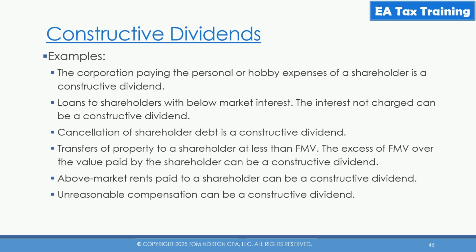Next, transfers of property to a shareholder at less than fair market value. The excess of the fair market value over the value paid by the shareholder can be a constructive dividend. So let's say the corporation owns a building that's worth $300,000 and they sell that building to the shareholder for $50,000. Well, that shareholder just received a $250,000 dividend because that building was sold to them, obviously, way below the fair market value.